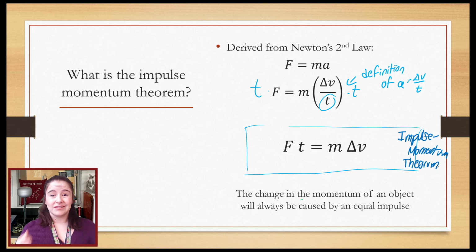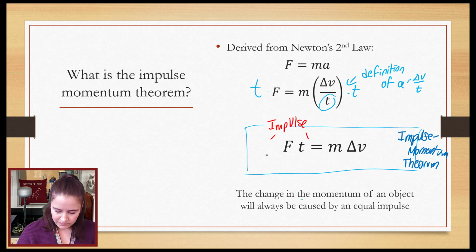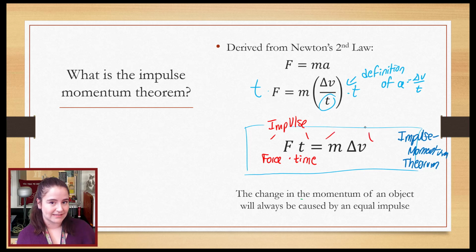So what this equation basically says is that the impulse is this side of the equation, the force times the time, that's called the impulse, will equal the mass times the change in velocity.